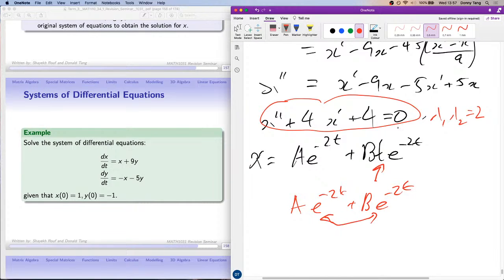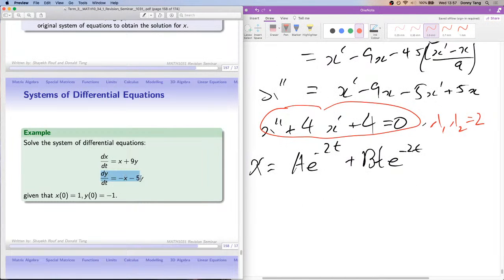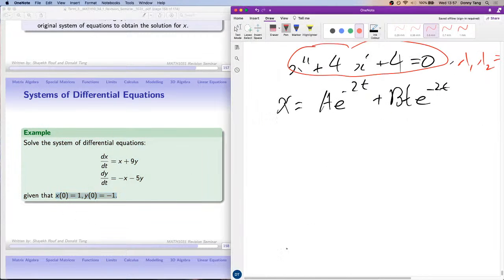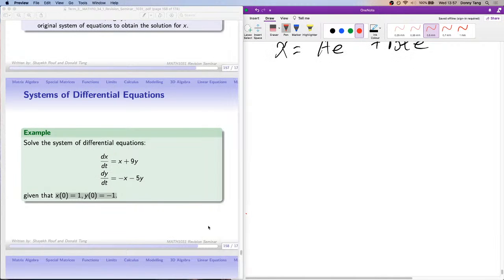So you have to multiply t to it. Then substitute into this equation, or actually any equation: substitute x, differentiate it, find y, and that's your final solution. If you're feeling brave, you can also substitute in the initial conditions. But we have to move on because we have more things to cover.